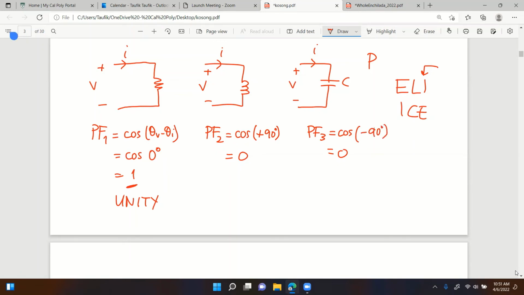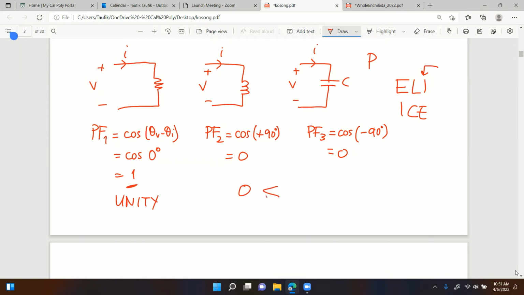Yes. See, now you know that if you have these three cases: purely resistive load, that's going to be unity power factor equal to 1. If you have a purely inductive load, only L, nothing else, then power factor is equal to 0. And if you have a purely capacitive load, just one capacitor, nothing else, then you have power factor equal to 0 as well, right? So these are the extremes.